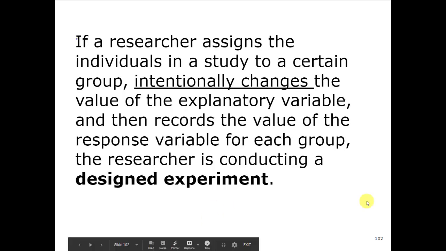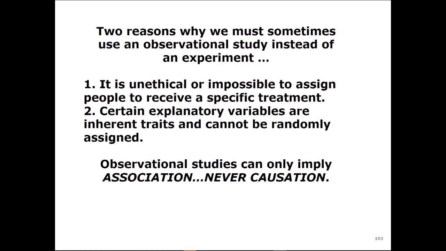If the researcher starts to get involved in the study and intentionally changes dynamics, then that would be called a designed experiment. A designed experiment gives you better results that are more credible. But sometimes we cannot use an experiment. We are left to only use observational studies.